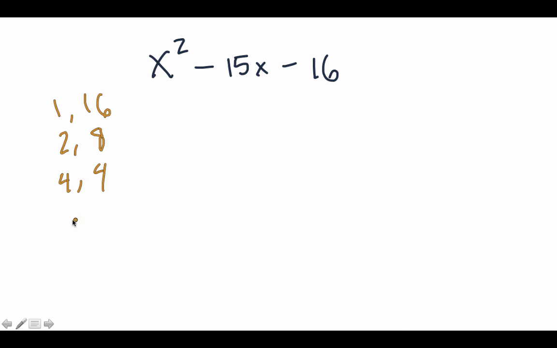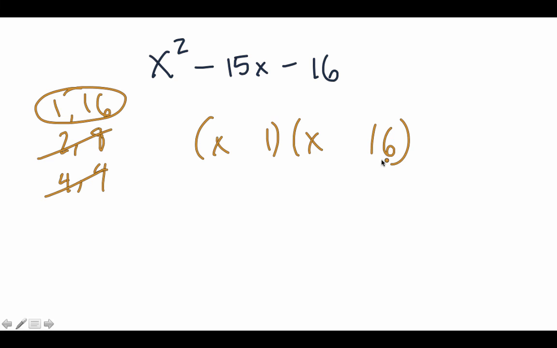I'm done, because I've got the same number here. 5 no, 6 no, 7 no, 8's right there. Subtract those factors. 4 minus 4 is 0. 8 minus 2, 6. 16 minus 1, 15. There it is. X with a 1, x with a 16. Bigger number gets this sign. Other one gets a positive.